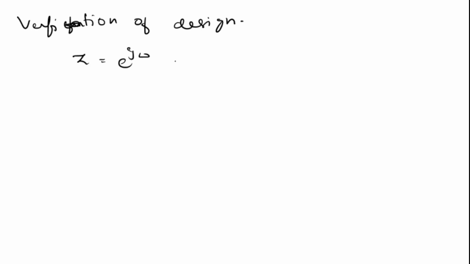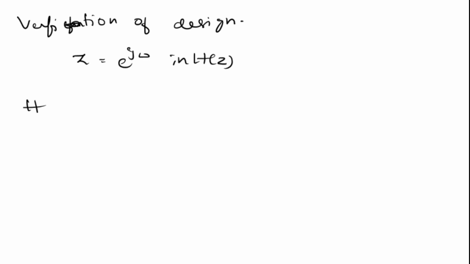Now we have to do the verification of the design. The frequency response of the digital filter is obtained by putting z is equal to e power j omega in h of z.